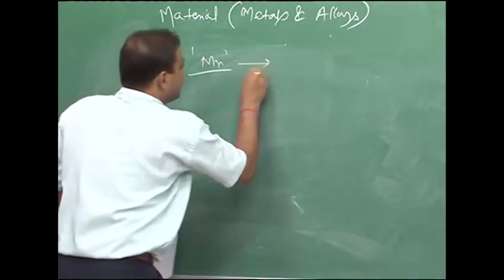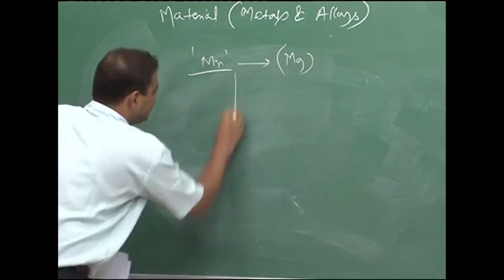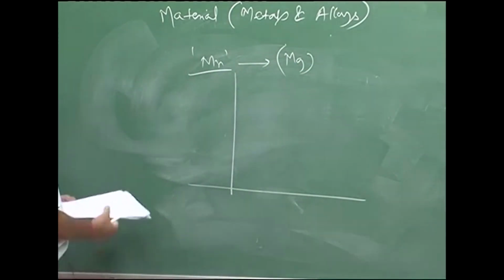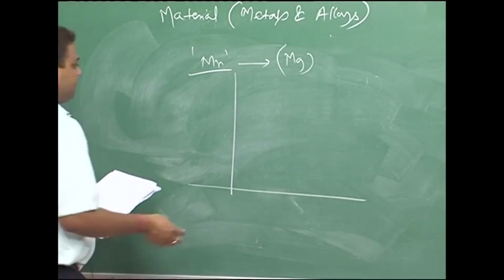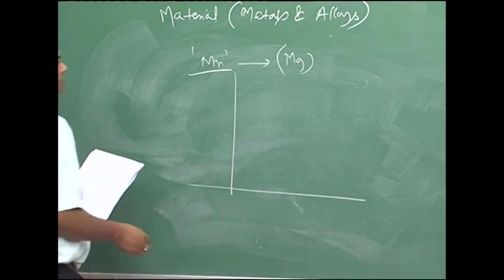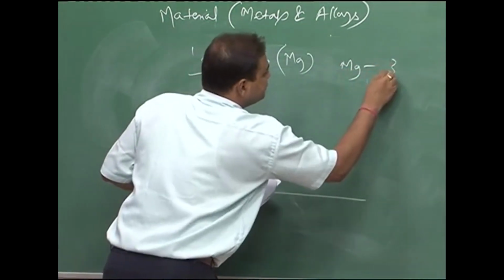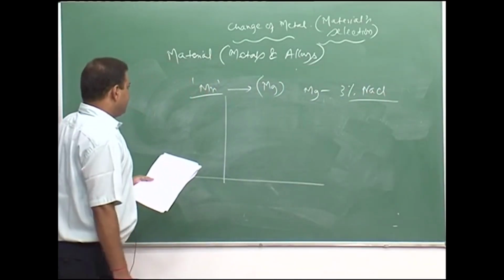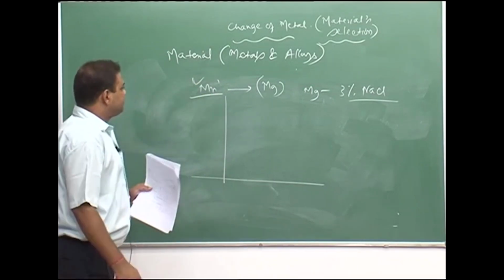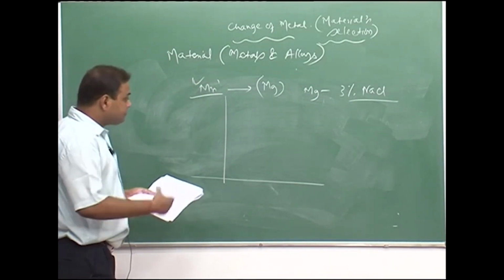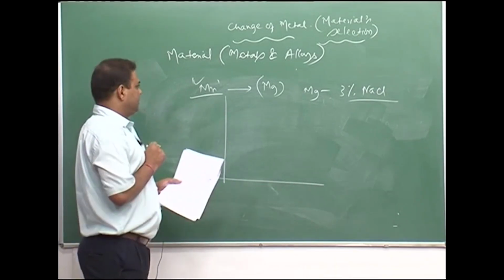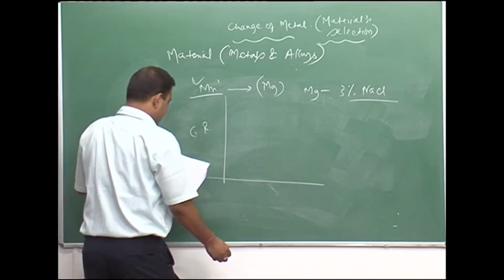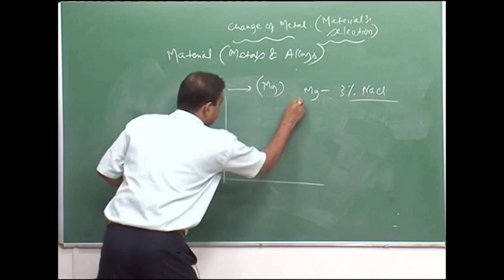If we add manganese in magnesium, let us say the corrosion rate of magnesium in 3% NaCl solution. If we see the corrosion rate, manganese can improve the corrosion resistance of magnesium, but if we have iron, the situation would be different, because let us say this is the corrosion rate, and if we have iron, the corrosion rate varies like this.